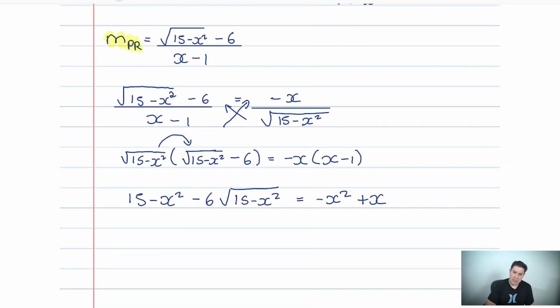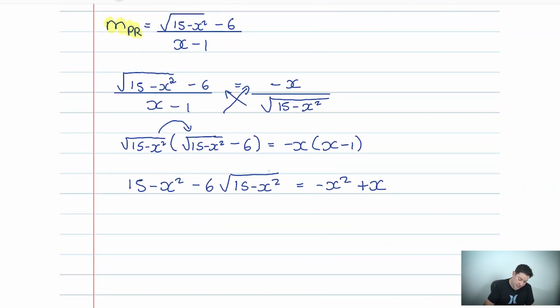Now this goes down to simple surd equations from grade 11. We want to isolate the surd, so we take the square root over to that side and bring everything else over to the left-hand side. So we end up with 15 minus x squared plus x squared is 0, so it's 15 minus x is equal to 6 times the square root of 15 minus x squared.